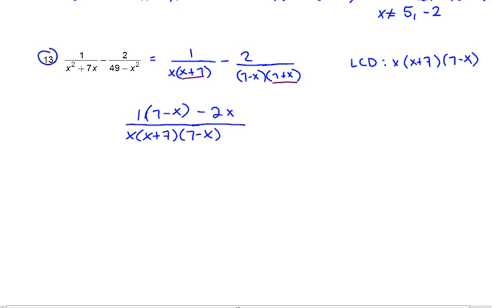What can that simplify to? 7 minus 3x. Are we done? Non-permissible values. X can't be 0 plus or minus 7 and 0.